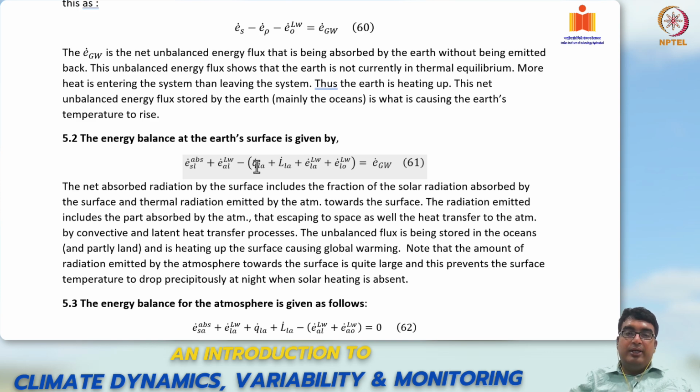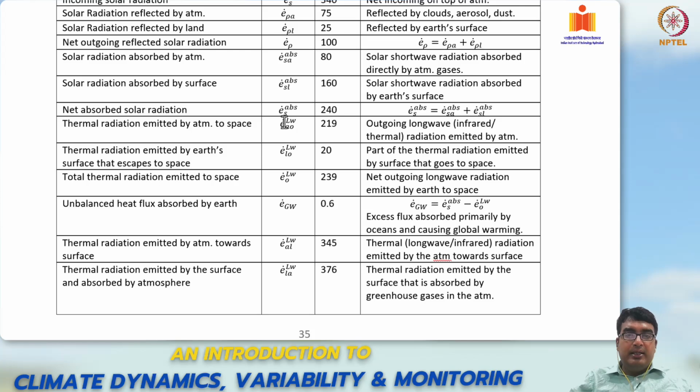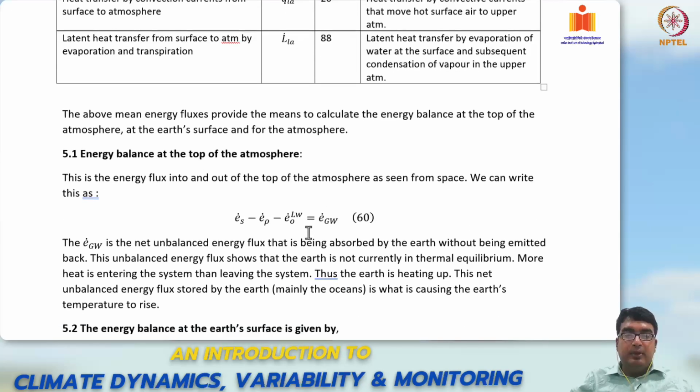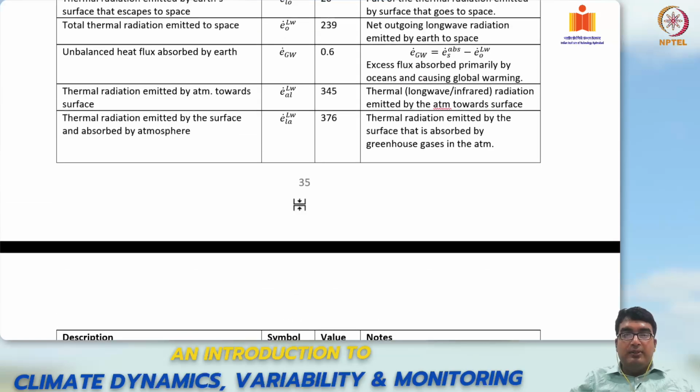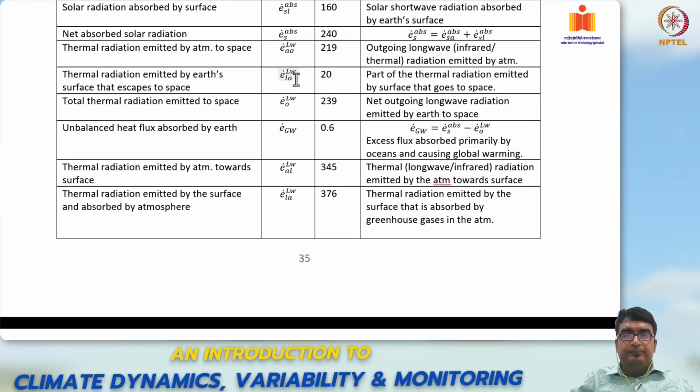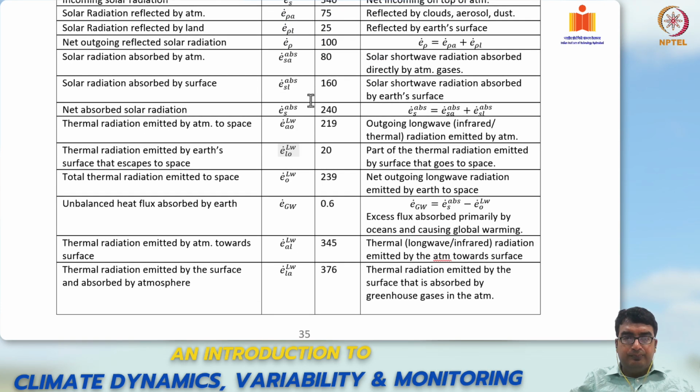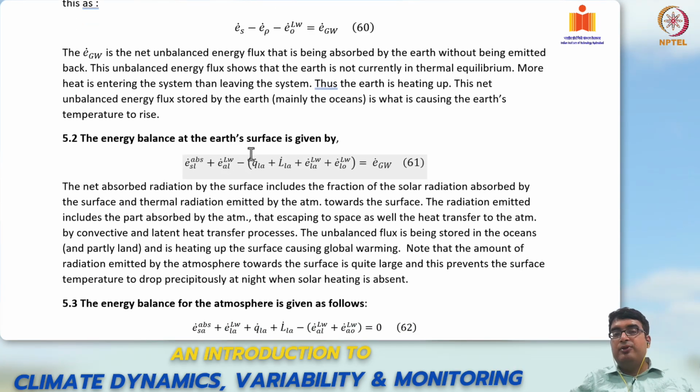This is again around 20 watt per meter square. This is 160 watt per meter square, if I remember correctly, and finally we have atmosphere to land long wave, which is 345 watt per meter square. So these values you can put here directly to get again the unbalanced heat flux of E dot GW. So this is the energy balance at the Earth's surface.